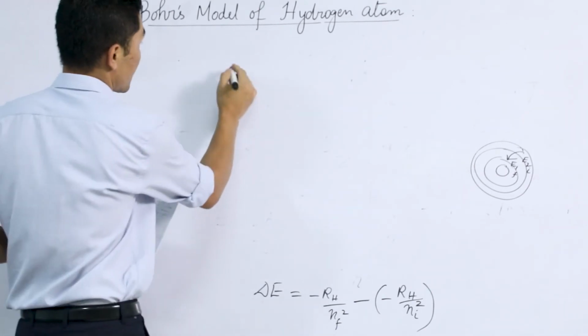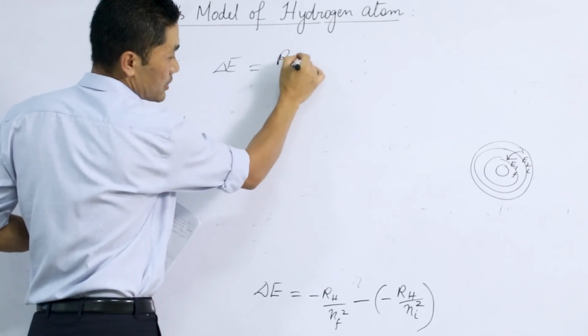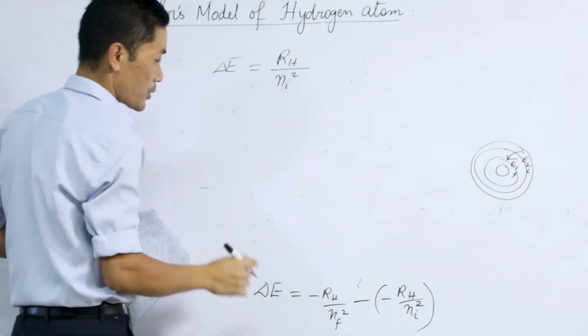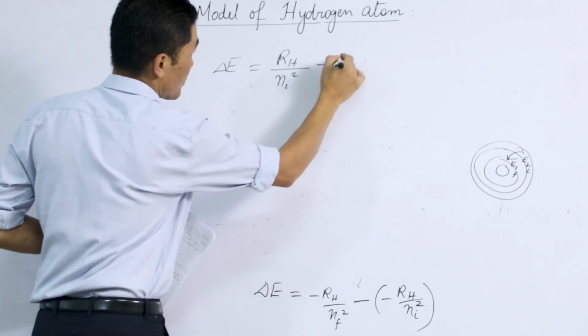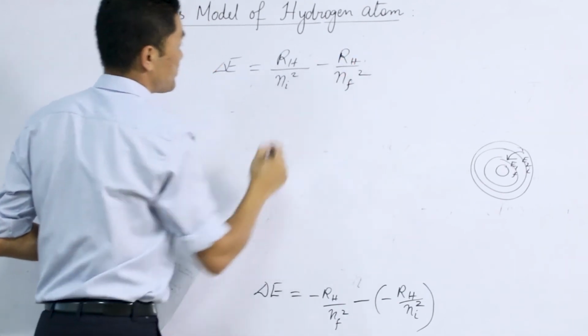So this becomes delta E equal to RH by Ni square, because this becomes positive, minus RH by Nf square.